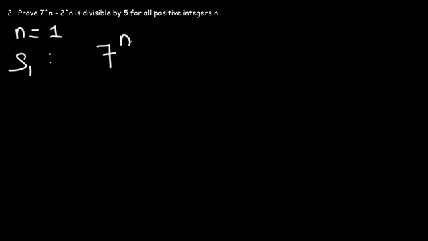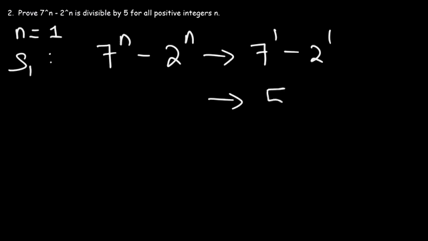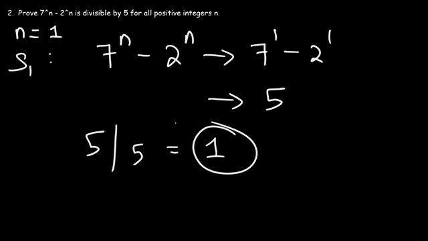So we have 7 raised to the n minus 2 raised to the n, and let's replace n with 1. So this becomes 7 minus 2, which is 5, and 5 is divisible by 5. So this is true for n equal 1, which is the first term for all positive integers n.